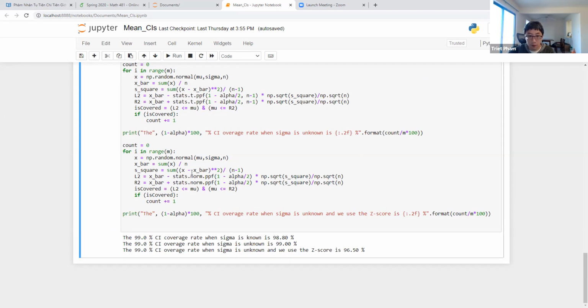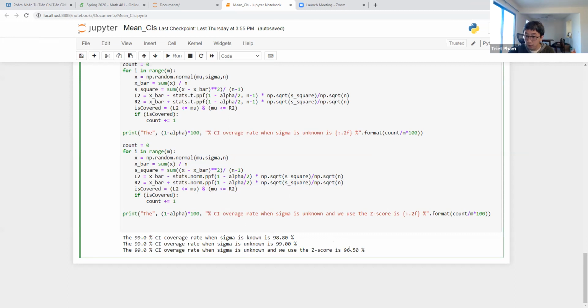But let me show you, this is where I use the z confidence interval when sigma is unknown, which is wrong. What I mean is instead of using the t quantile, I use a z quantile. This is norm, I use a z quantile.